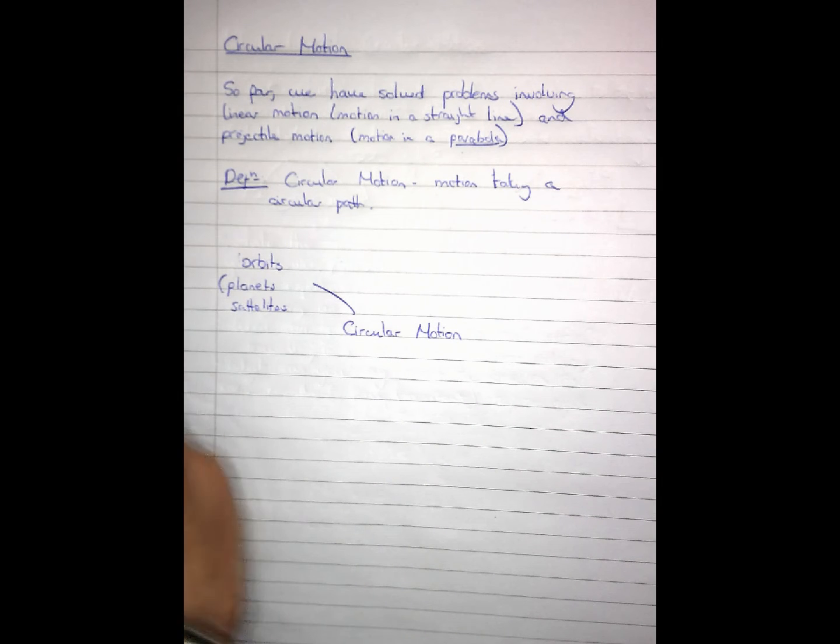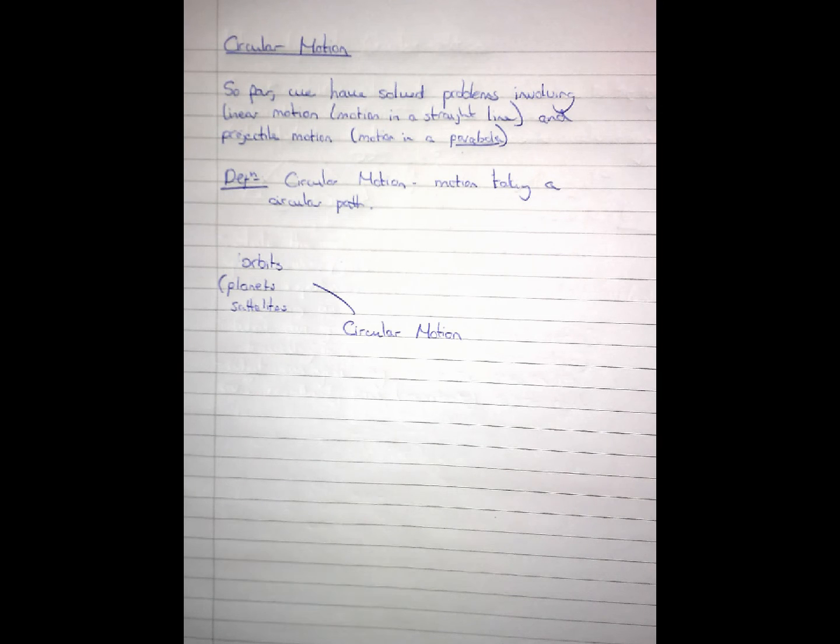Planets are an interesting one. In our solar system, with the exception of Mercury and Neptune, the far outer planets, the planets follow a very closely circular orbit. It turns out that the orbits of the planets are actually elliptical, which is a squashed version of a circle.